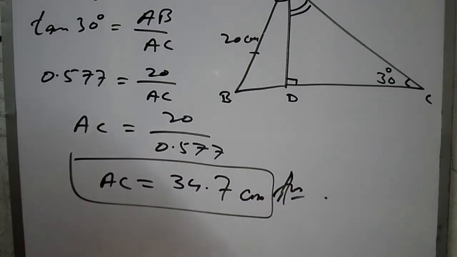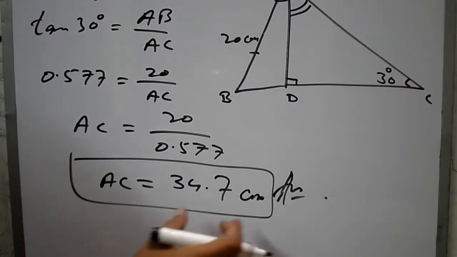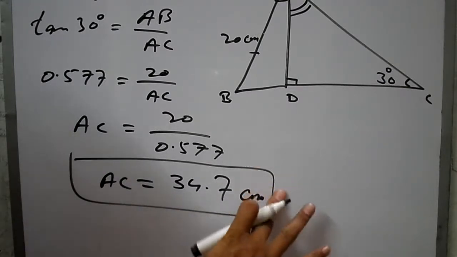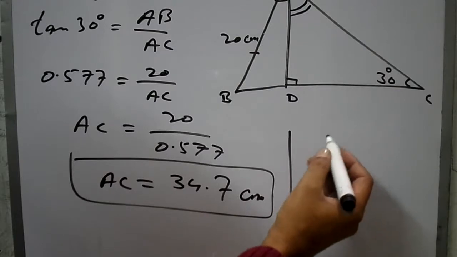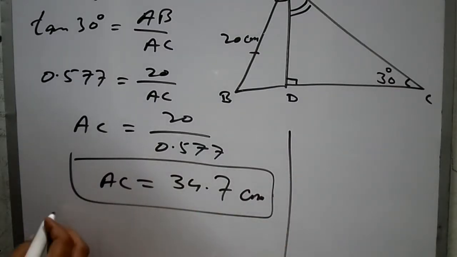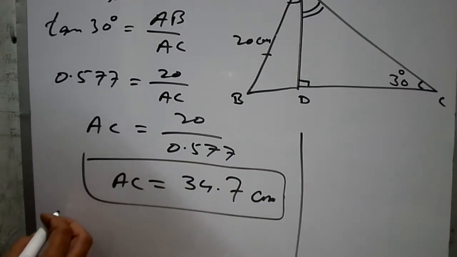Now lastly we have been asked the area of the triangle ABC, because this AC is very helpful to find the area.